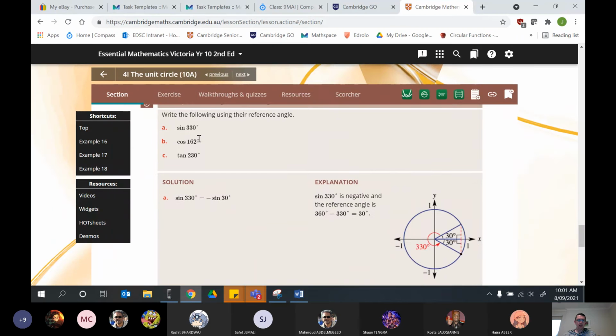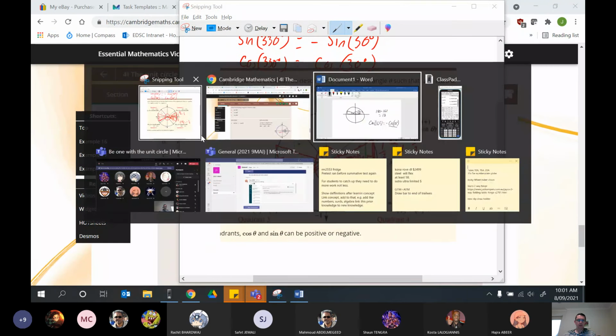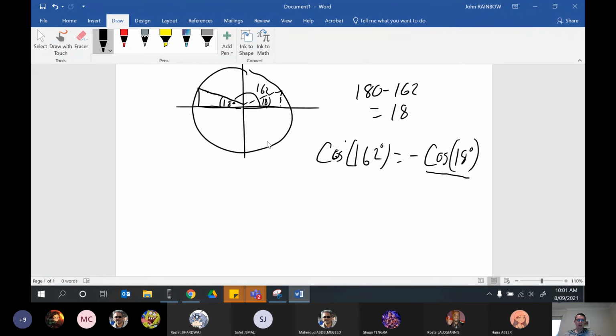The second question, tan 230, is a bit trickier. If you think about it, tan 230 is going to be 180 plus 50, so it's going to be like 50 degrees here. Now, you think of sine as negative and cos as negative. Tan is that divided by that, so tan is going to be positive. Over here, sine is positive, cos is positive, so sine divided by cos is going to be positive.